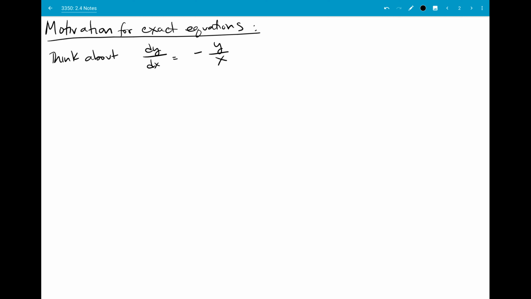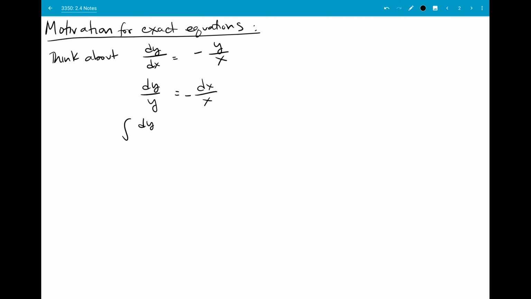Hopefully, when you see that, you think to yourself, I already know how to solve that. That's a separable equation. I would go dy over y is equal to minus dx over x.